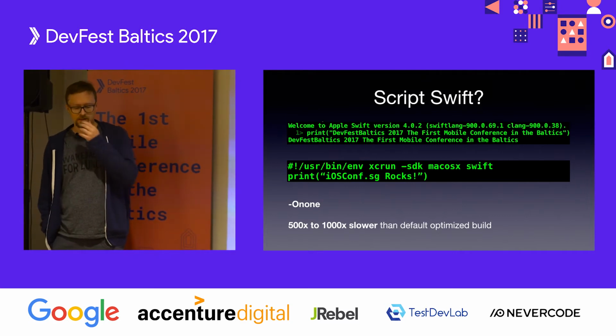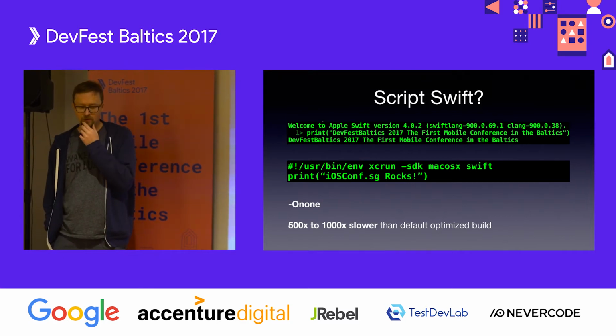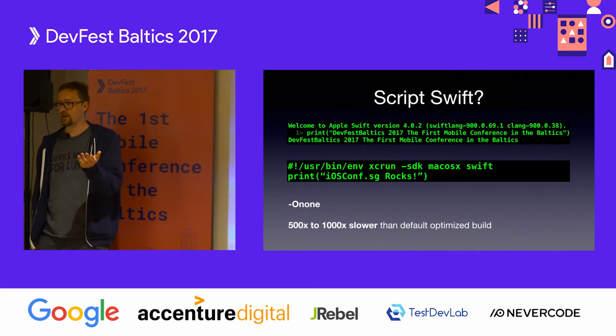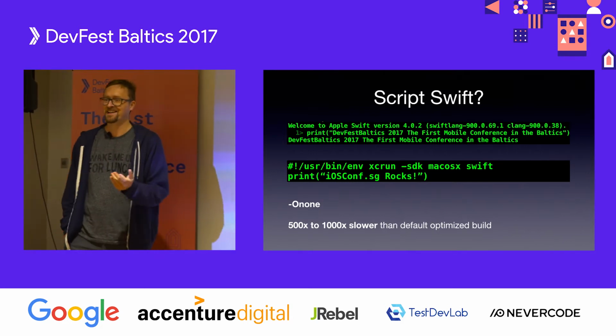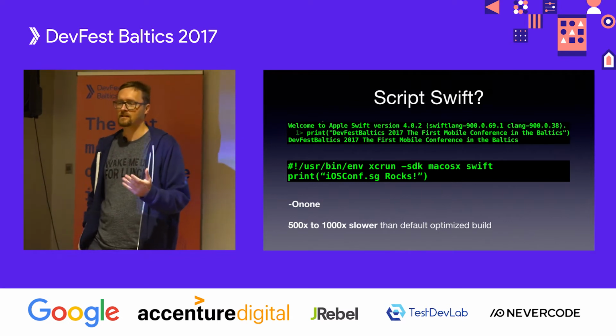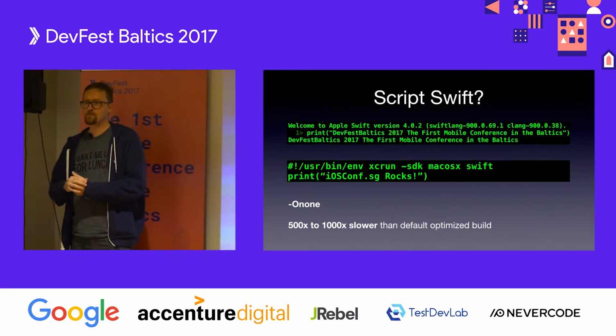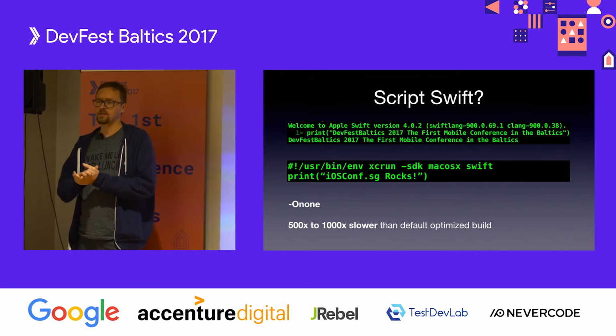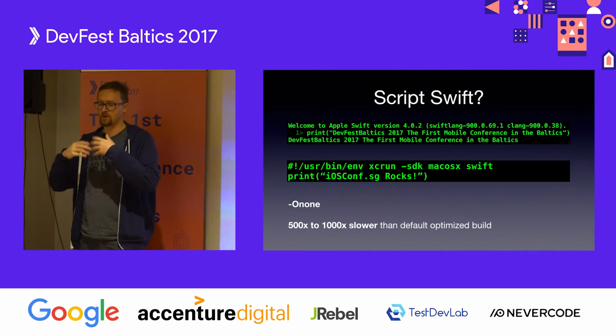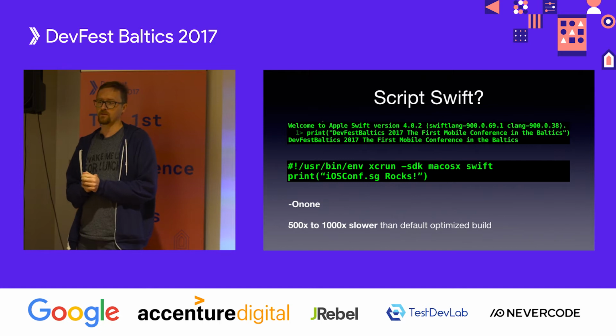I tried this approach with the Natalie project, running it as a script file, and it was significantly slower than when I switched to the build version.